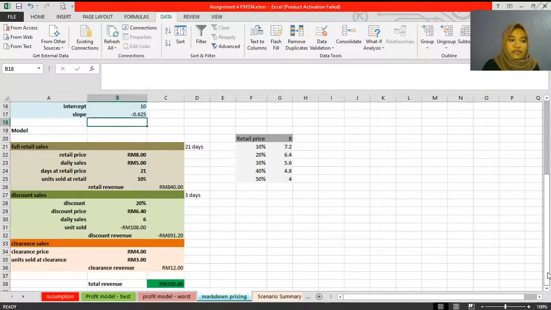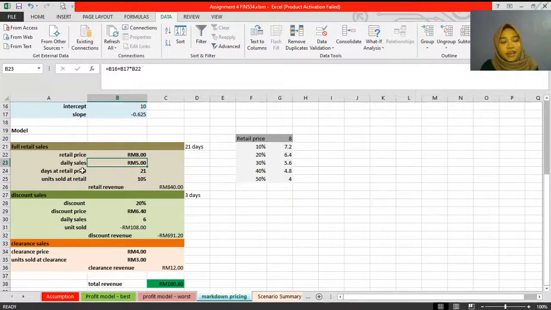For the full retail sales, working at 21 days in full retail sale, the unit sold at retail is 105 units, which I got from daily sales of 5 multiplied by my 21 days.